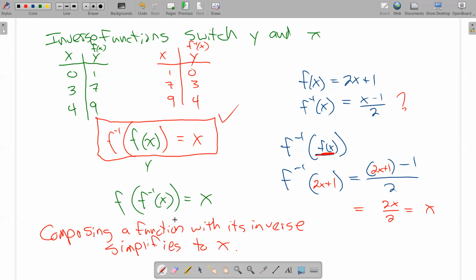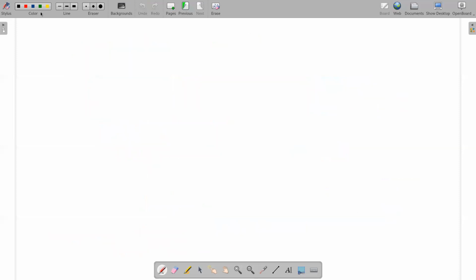Doesn't matter the order of the composition. So that's important too.